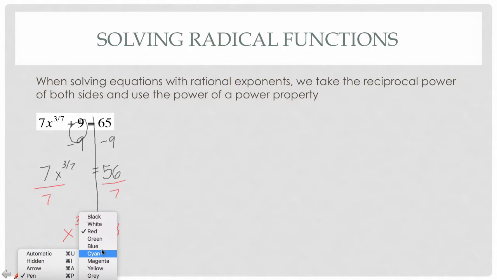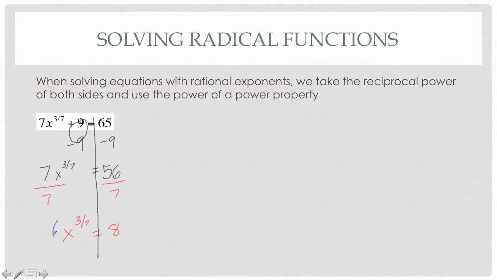Now what do I do at this point? Here's where I'm going to use my power of a power property. What happens if I take everything on both sides to the 7/3 power? Well, the power of a power property says you multiply the exponents. So we end up with 3 times 7 divided by 7 times 3. And there we go. We end up with x to the 21/21 power, which is just x to the first power.